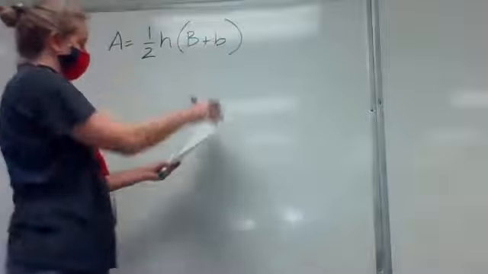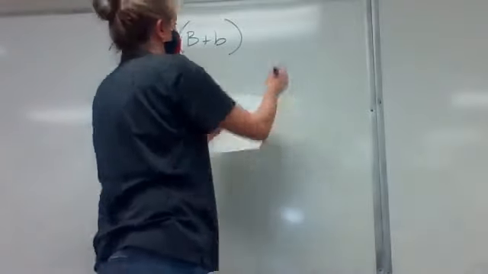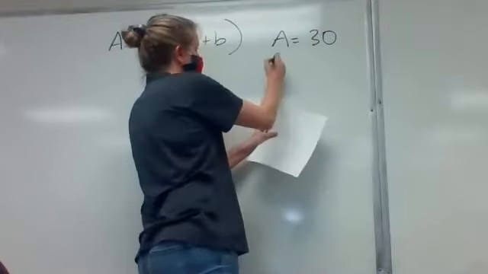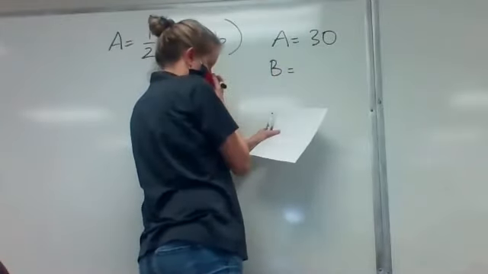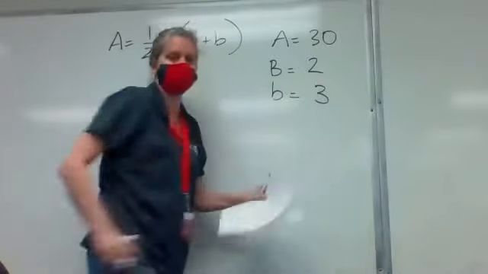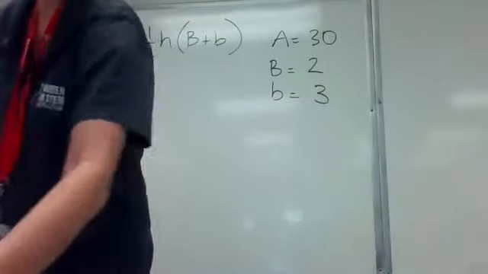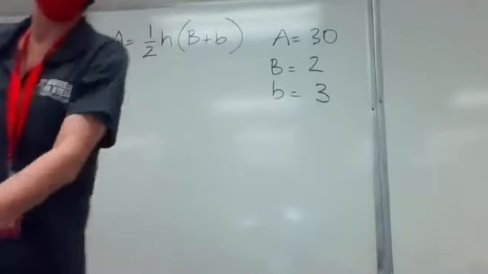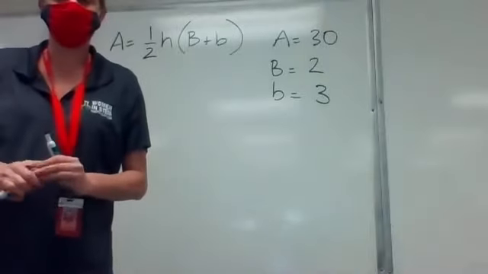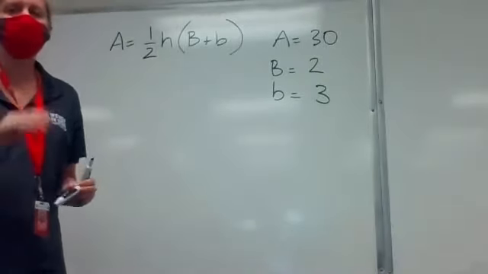Now I'm going to write over here what it tells me. This time it actually gives me the A. A is 30. Capital B is 2. Lowercase b is 3. Okay? Then it says H equals what? Don't worry about what you're solving for yet.